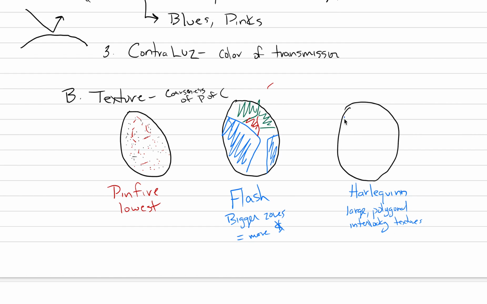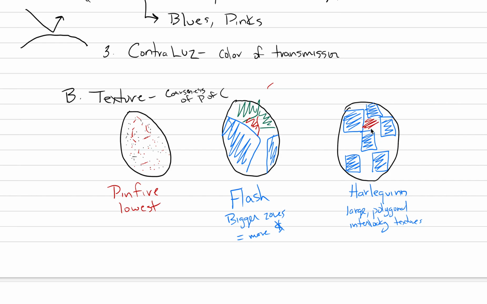How can we draw this? We basically want to just draw a bunch of different colored squares. Right? Where flash also was big, but they were more irregularly shaped, but not so with harlequin.